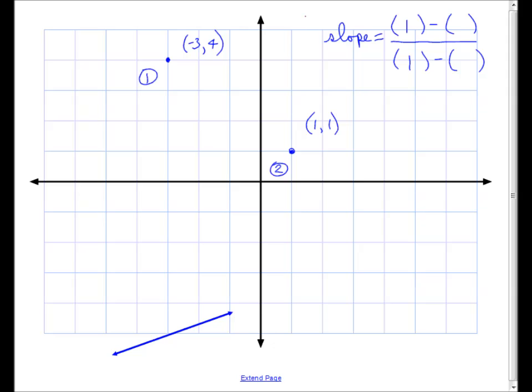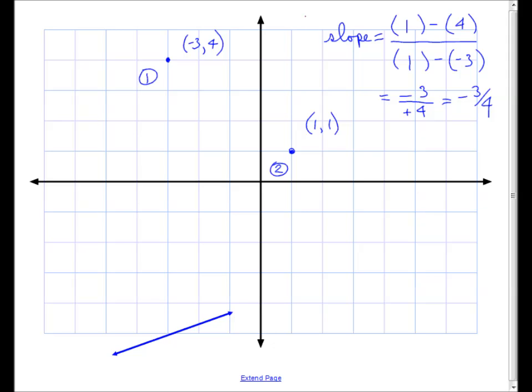That means y1 would be a 4, and x1 would be a -3. Simplifying the arithmetic, I get a -3 in the numerator, and since these signs cancel, I get a +4 in the denominator, so my slope is -3/4 between those 2 points.